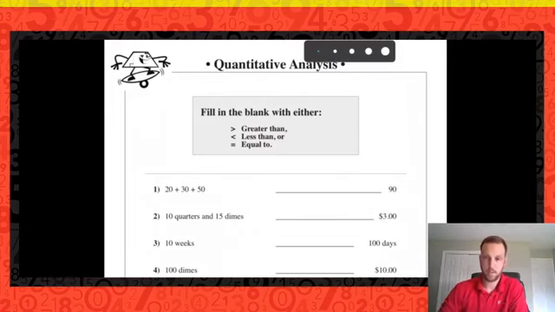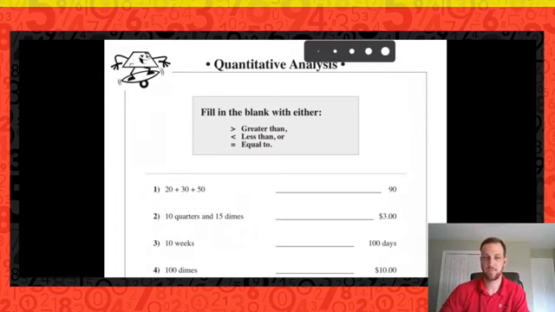If you've been to a Mathnasium, you may have heard one of your instructors talk to you about the law of sameness. The law of sameness tells us that it's easier to add and subtract, and we actually can only add and subtract things that have the same name. We're going to use a little bit of an application of that, and it's easier to compare things if they have the same name. Our name on the left-hand side is quarters and dimes, whereas the name on our right-hand side is dollars.